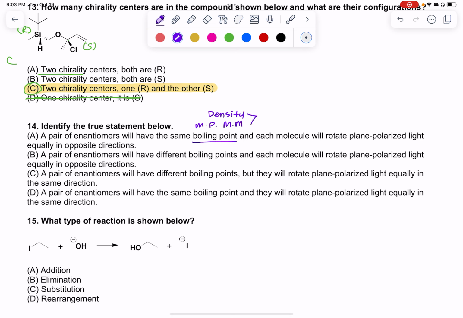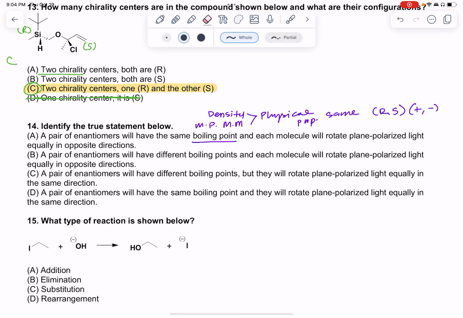All of their physical properties, for the most part, will be the same. The only thing that's different is their RS configurations and their positive, negative configurations, which we talked about briefly in the beginning of the chapter on chirality. That was like levo and dextro, whatever.